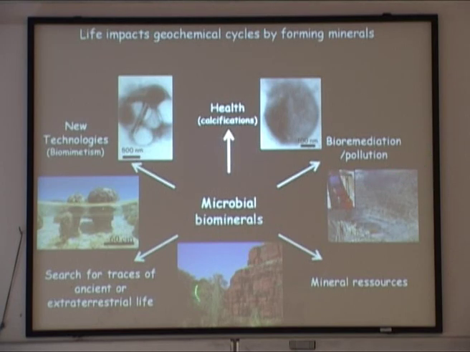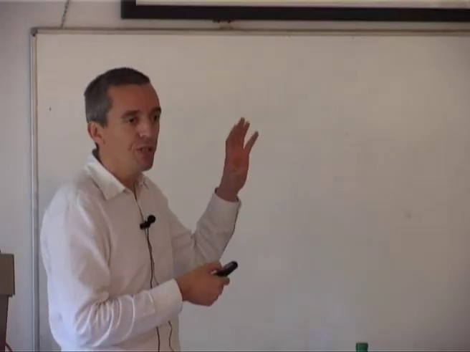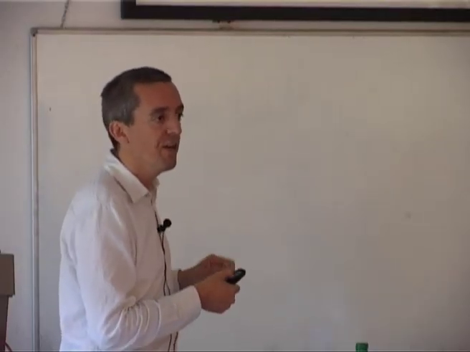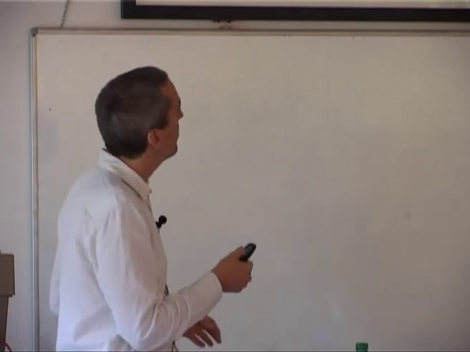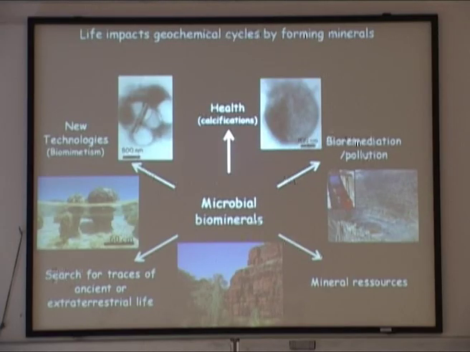This is one other picture. These are banded iron formations. These are really huge sedimentary deposits, very rich in iron, that can be exploited and are used as mineral resources. There's still a big debate on how these sedimentary deposits formed in the past.